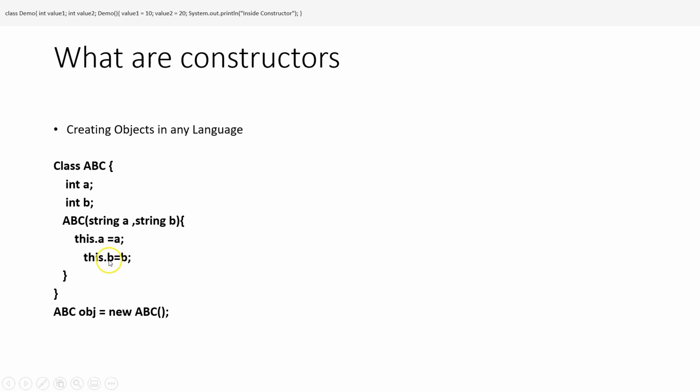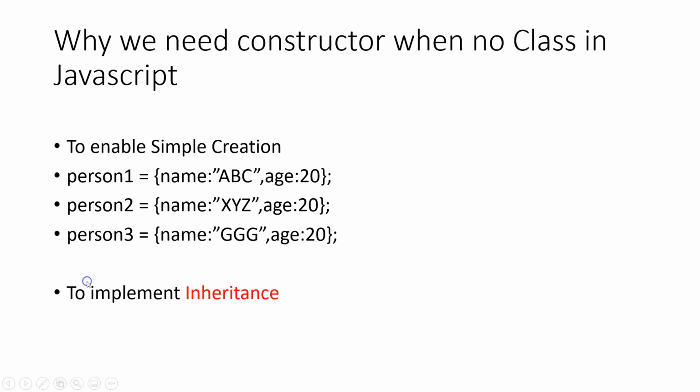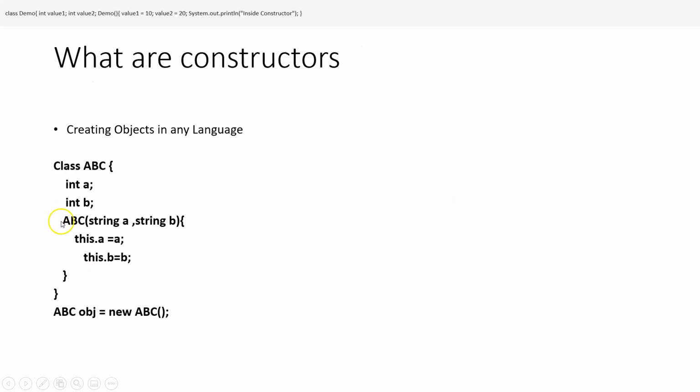This constructor function initializes the class members for class ABC. This is what a constructor normally does. For calling the constructor, we normally say new ABC, and this will create the object and return it. So this will be saved in obj. So this is what a constructor is.